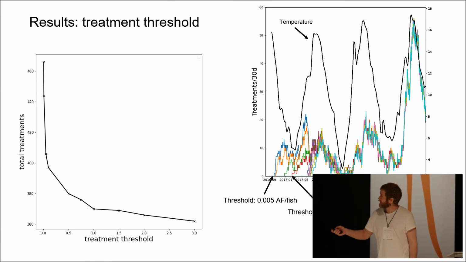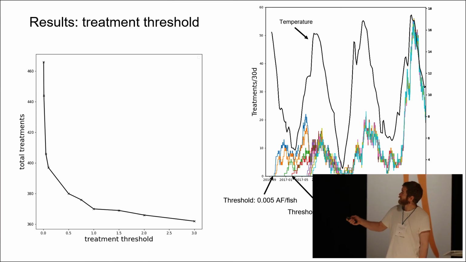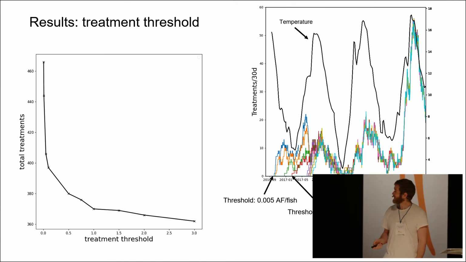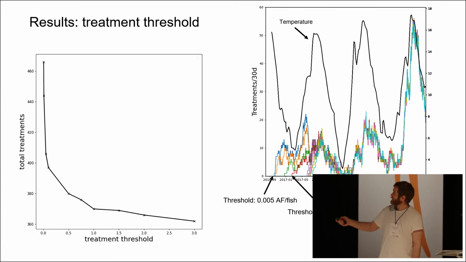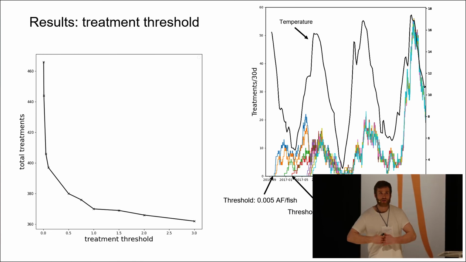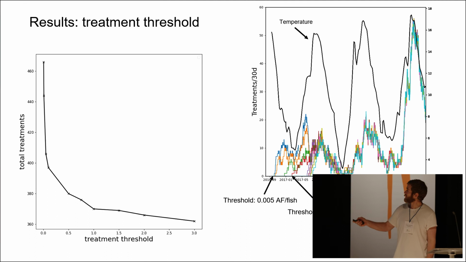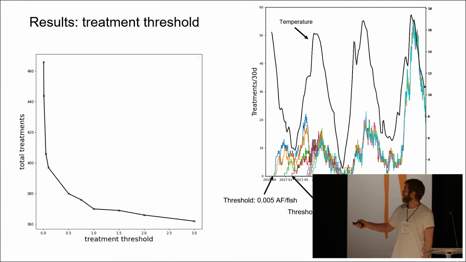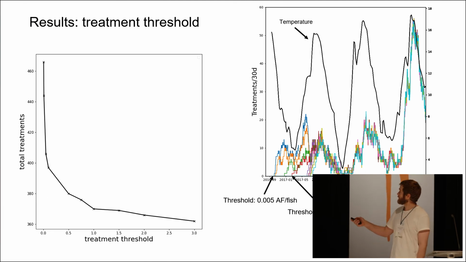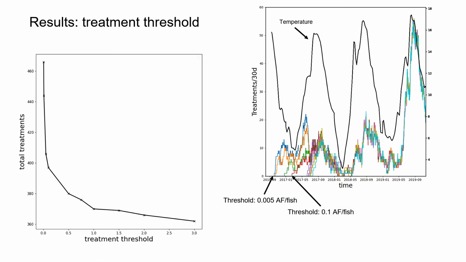But if you look at the simulation period and you look at treatments needed per 30 days, you see that most of the excess treatments are actually in the first period when you gave all the farms 30,000 lice per day. But after a while, almost all treatment thresholds enter the same dynamics and need almost identical numbers of treatments to keep their thresholds, so to speak.